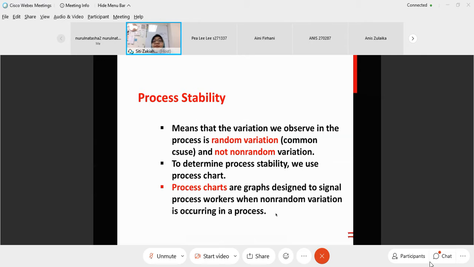So dalam process chart ni we use data yang kita collect dan kita map out to find out if the process is in control ataupun proses dia stable ke tidak. Remember, kita nak identify non-random variation, bukannya random variation.